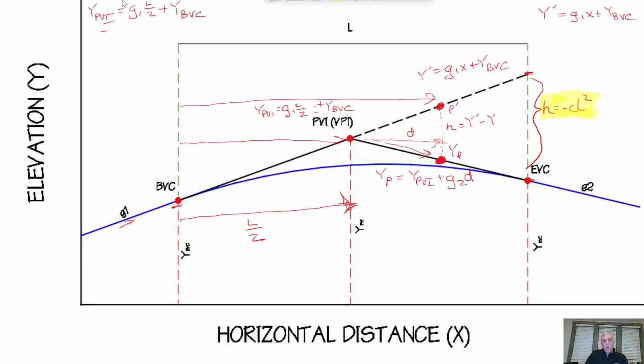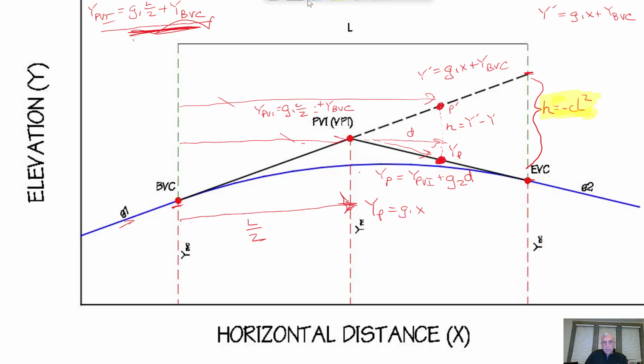Well, we have an equation for the PVI up here. So now we can say, if we substitute that in, just go put that into there. I don't want to get too convoluted here. I just wanted to demonstrate. Then we have y of P equals y PVI, which we said was equal to this. So I'm going to put that in.